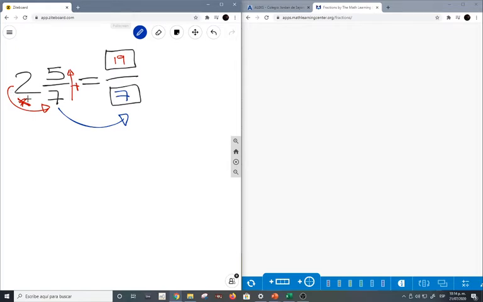So 2 and 5 sevenths is the same as 19 sevenths. It's exactly the same number. These are only two different representations for the same thing. Let me show you using graphic representations.